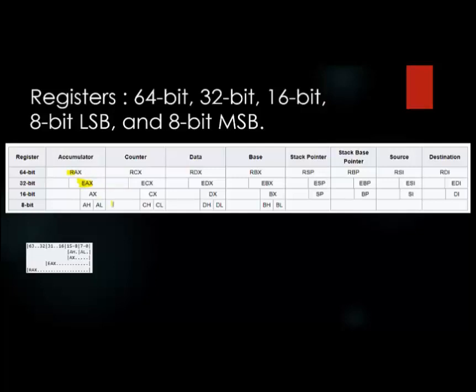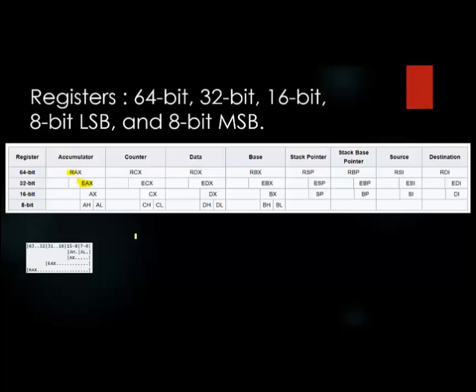It is also possible to address the first 4 registers AX, CX, DX and BX, in their 16-bit sizes, as 2 8-bit halves. The least significant byte, LSB or low half, is identified by replacing the X with an L. The most significant byte, MSB or high half, uses an H instead.